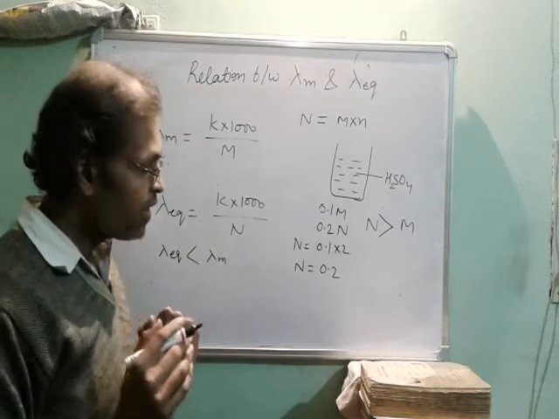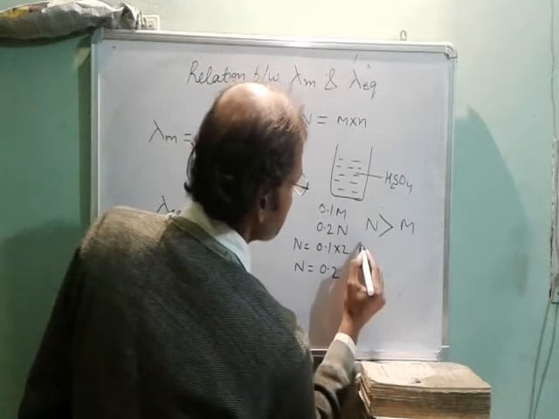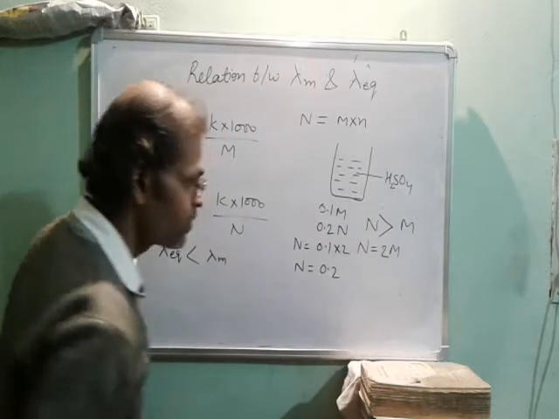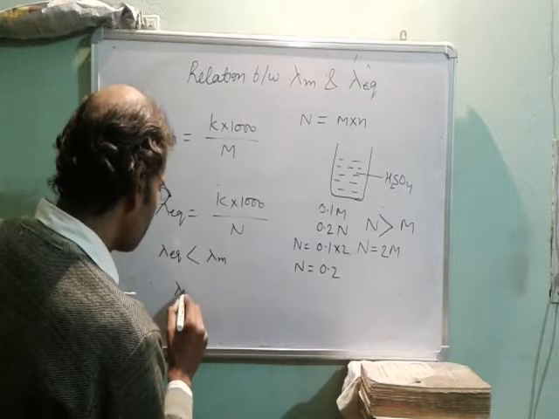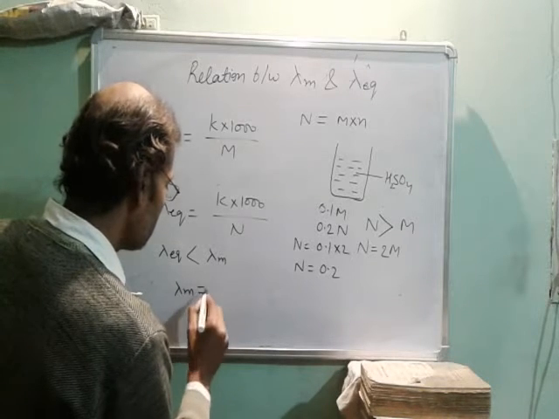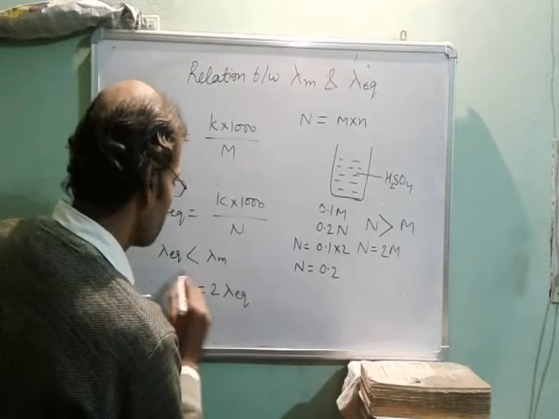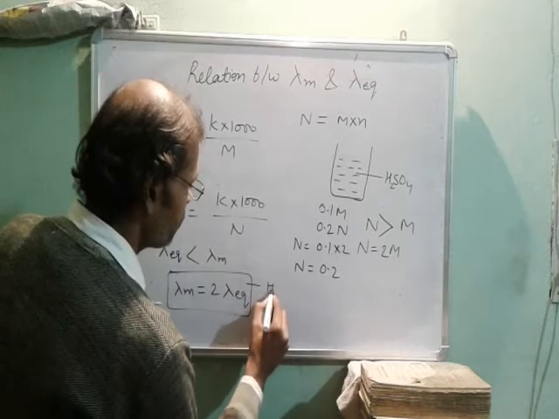And what will be the relation? Here the normality is twice the value of molarity. So here lambda m will be twice the value of lambda eq. This relation is for H2SO4.